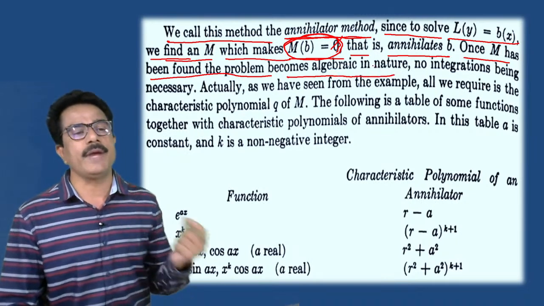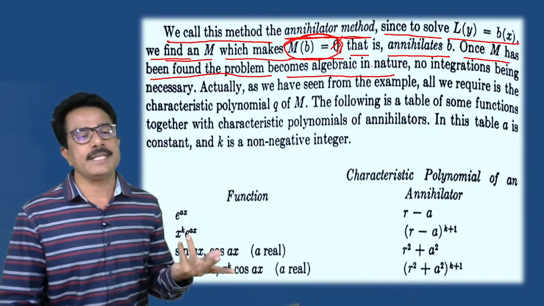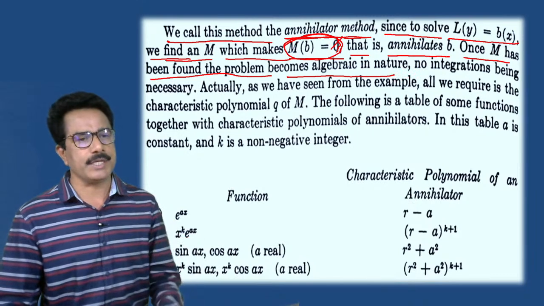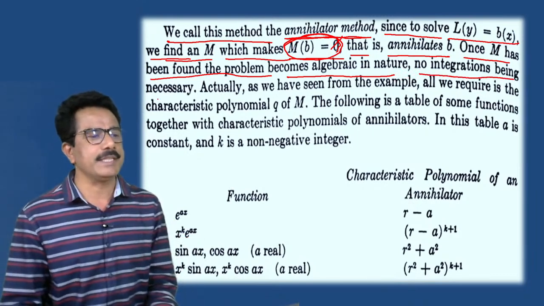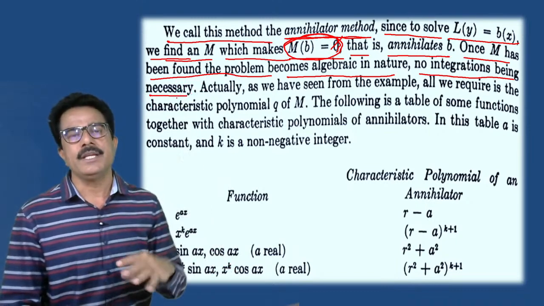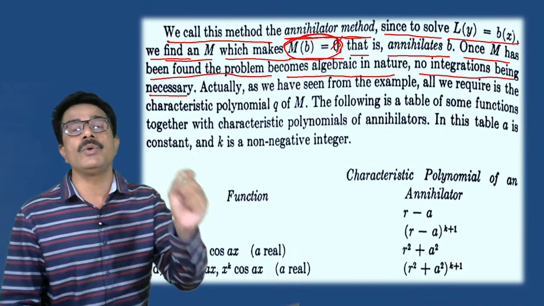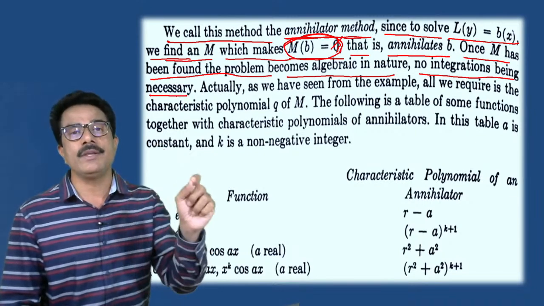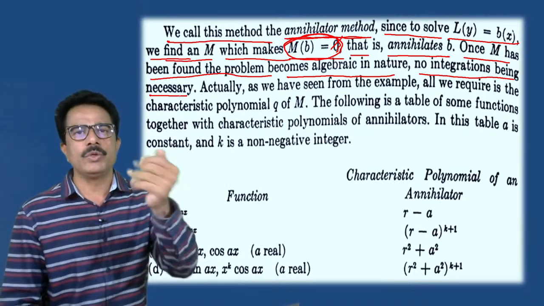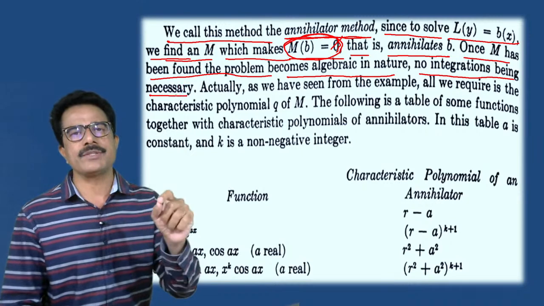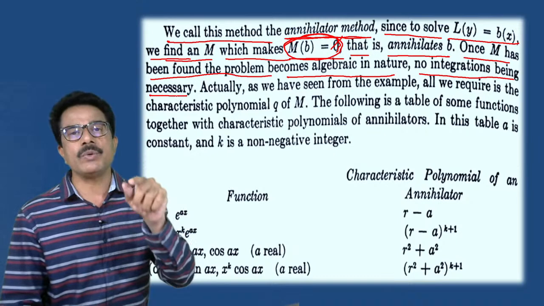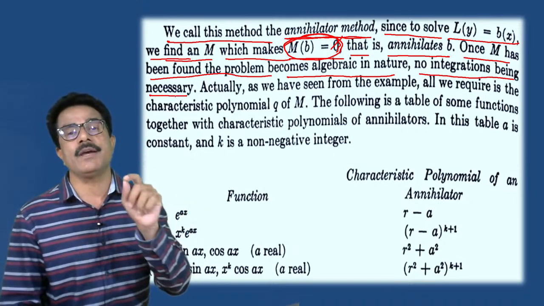If it is possible to find the value of M, then we can say that the problem is algebraic in nature. No integration is necessary. It is not necessary to find u1'(x), where u1(x) is the integration of w1(x) into b(x) divided by the Wronskian.